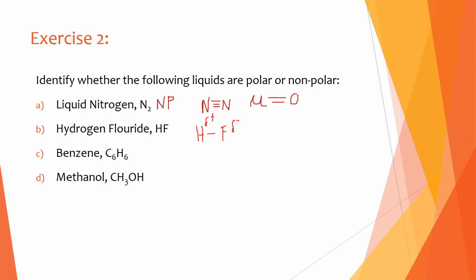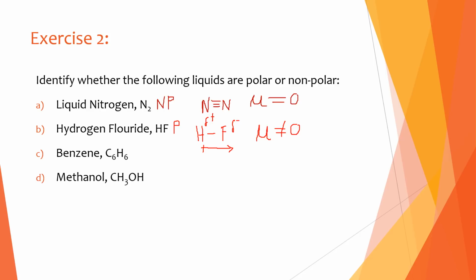The dipole moment will come from the partially positive hydrogen toward the partially negative fluorine, from left to right. So the dipole moment will have a value, it is not equal to 0. So the molecule is a polar molecule.